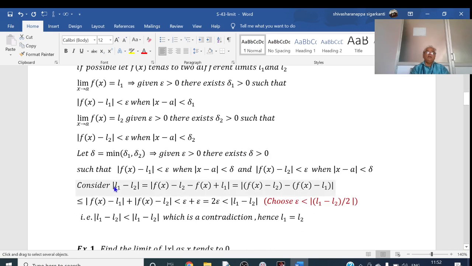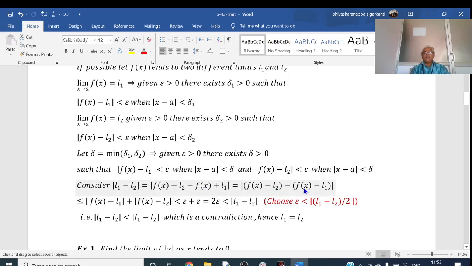Now, consider mod of L1 minus L2. In this mod, I will add f of x and subtract f of x. That is, L1 minus L2 I am writing the same as it is, plus f of x minus f of x. Then this is equal to, I will combine here, f of x minus L2, and take minus common factor in these two terms, f of x minus L1.